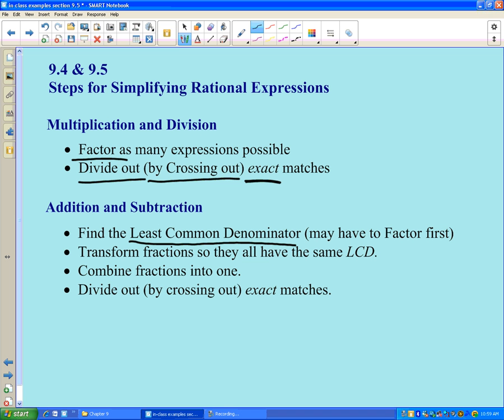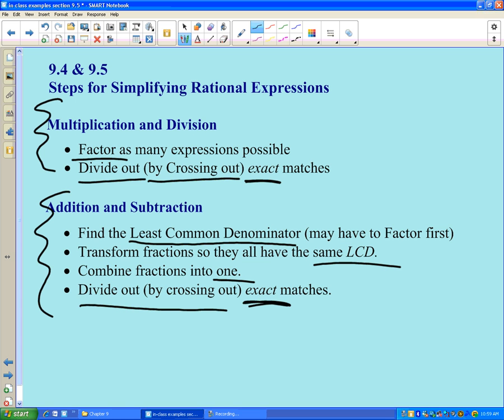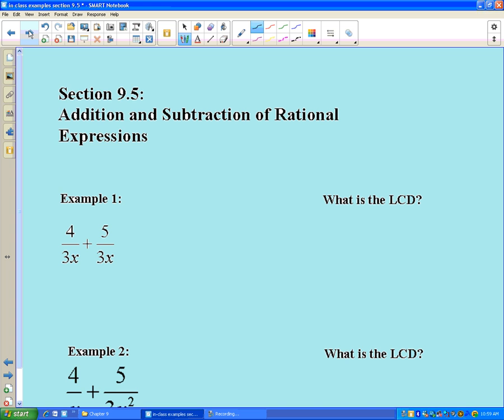Transform the fractions so they all have the same least common denominator. Combine fractions into one, and then divide out by canceling out exact matches. That's what we're going to be doing today. Yesterday, we did 9-4. Now we're going to be working on 9-5 for the next couple days. Let's see how this works.